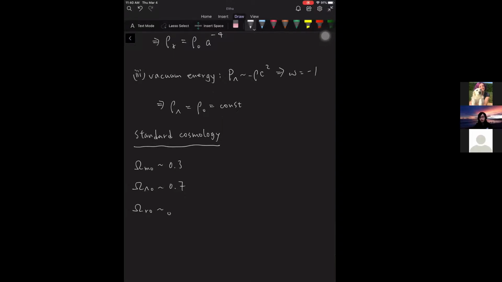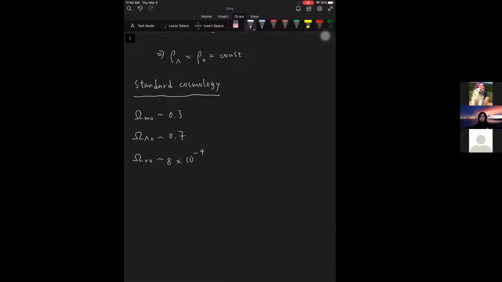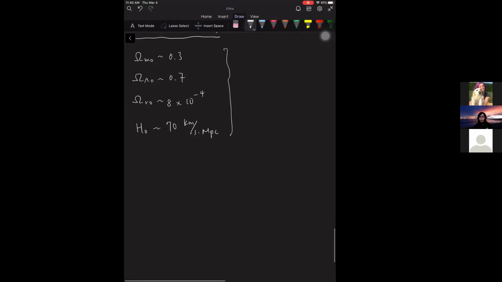So it's around the order of 10 to the -4 or -5, which is very small compared to the other two components. With these parameters and also the Hubble constant, which we now know is about 70 kilometers per second per megaparsec, we can see how the density of each component varies with the scale factor, which also varies with time, right?